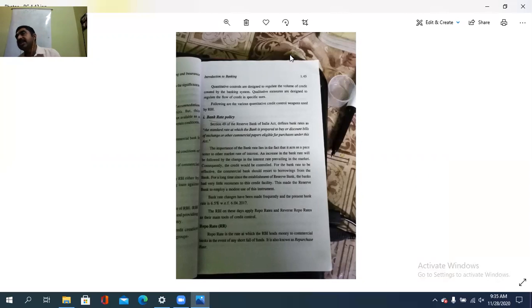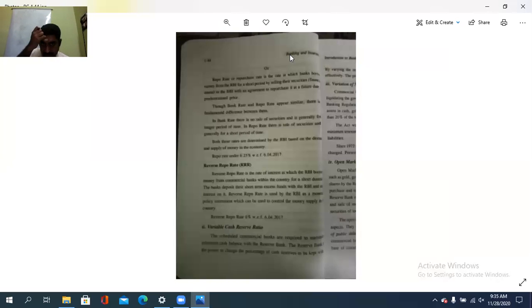That rate is called the repurchase rate. ഇനി വേറൊരു രീതി പറയുകയാണെങ്കിൽ എങ്ങനെയാണ്? Repurchase rate is the rate at which the banks may borrow money from the RBI for a shorter period of time by selling their securities to the RBI with an agreement to repurchase it at a predetermined price agreed upon in the previous days, and it should be at a future date. That is the repurchase rate.